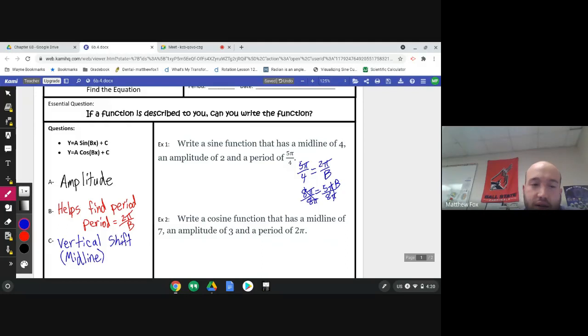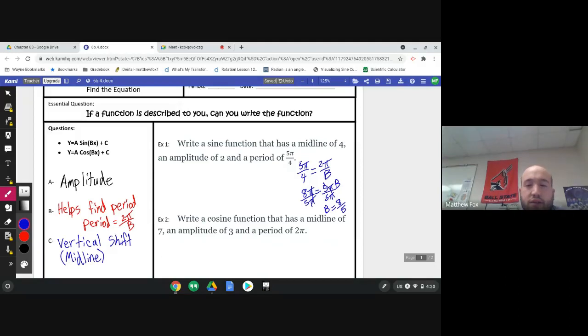And I just realized, whoops, I made a mistake. Instead of dividing by 8 pi, we want to divide by 5 pi. We need to get b by itself. So my apologies. Divide by 5 pi, the pi's cancel, and we're left with b equals 8 over 5.